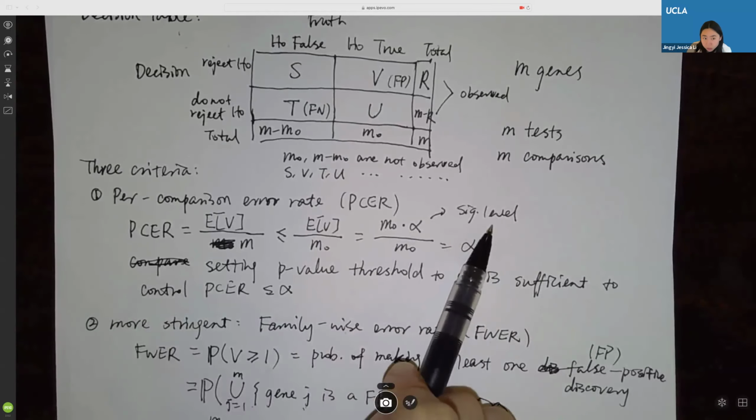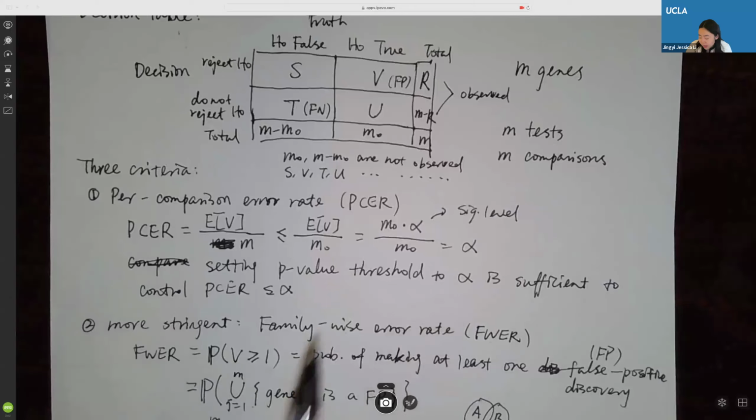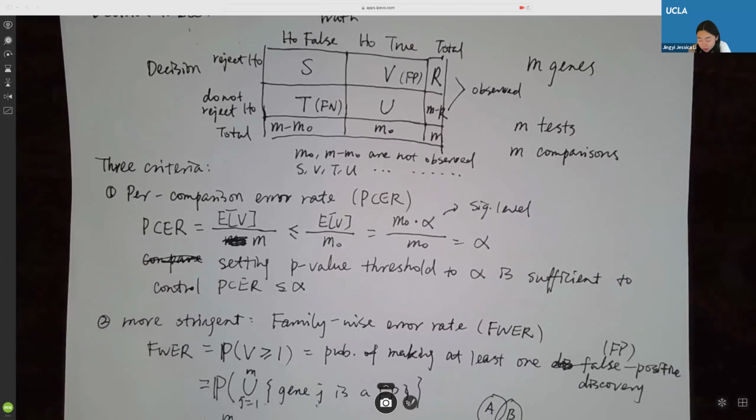Typically, alpha is set to 0.05 in practice. So you can see this PCER is upper bounded by alpha. What this means is that if you set your p-value threshold to 0.05, then this PCER will be bounded by 0.05. So per comparison error rate can directly be controlled with your p-value threshold.